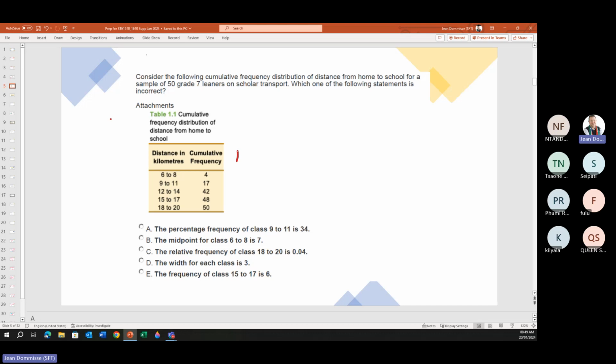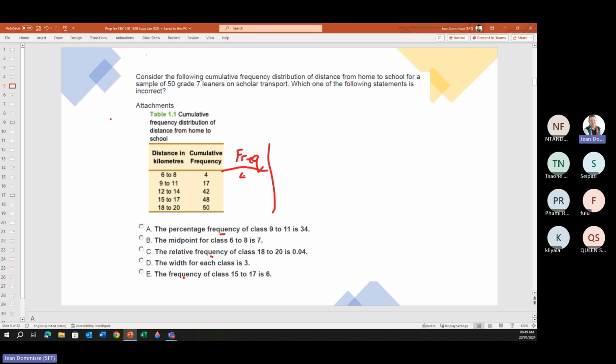So the first thing I want to do is to get the frequency, because somewhere here they will ask us things around frequency. So I first want to understand what's the frequency of each one. So the first one, 6 to 8, cumulative is 4.